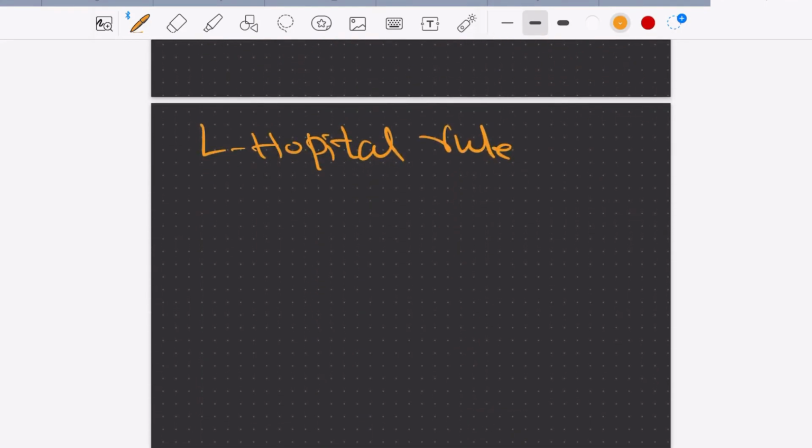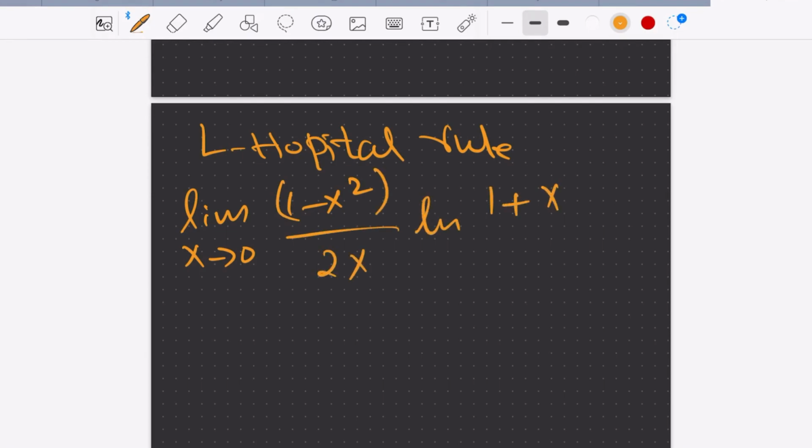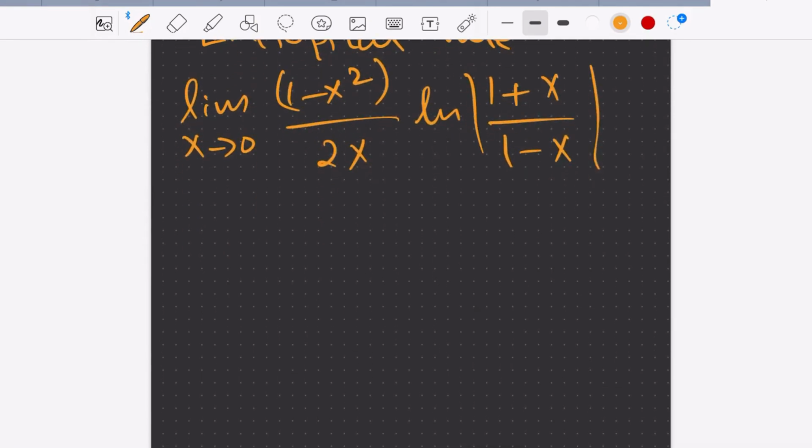So our limit, x goes to 0, of (1 minus x square) over 2x log of (1 plus x). This rule states that you have to take the derivative of numerator and denominator separately and then apply the limit.